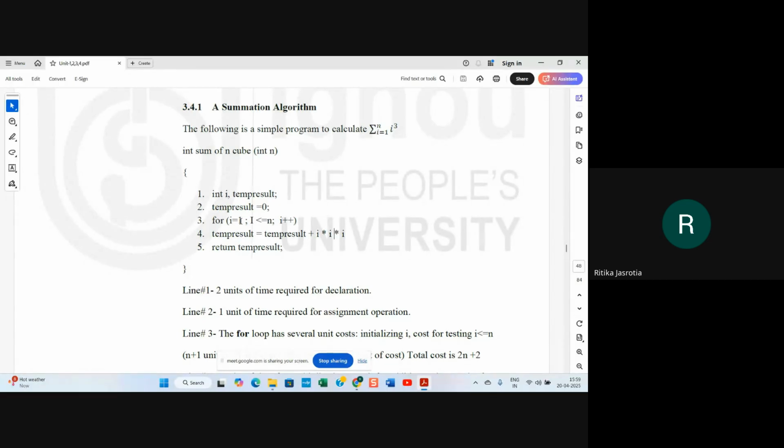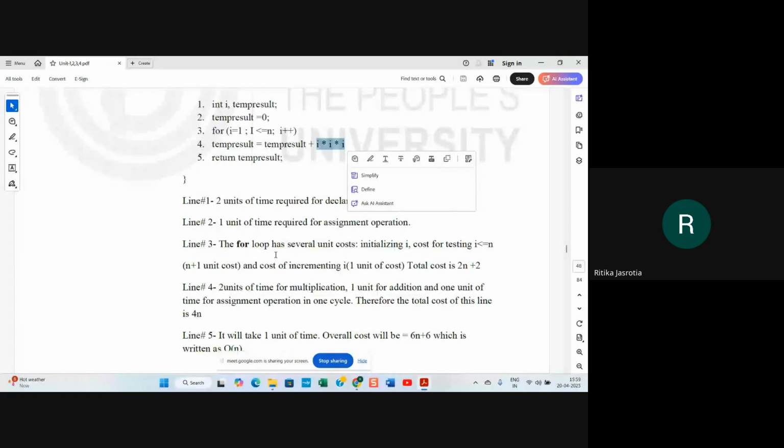Then next increment will be 2, so it becomes 8, so it will be 1 plus 8. Then next will be 3, and so on up to n, which can be 5, 4, whatever value. Next, for 3, it will be 9 plus 9, which will be 18, like that. Then you are returning the result after your loop has completed.